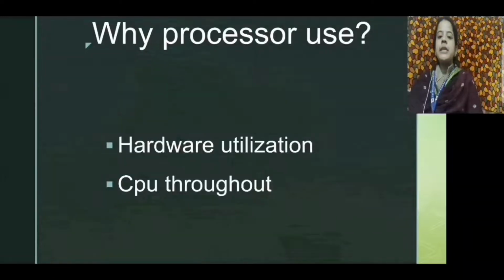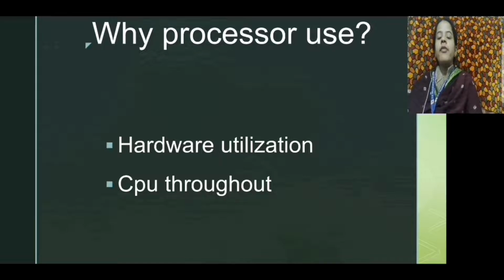Okay, now the question arises why we use the pipelining concept. That means why the processor uses the pipelining concept. In a general way, the processor uses pipelining for two benefits. The first one is hardware utilization.